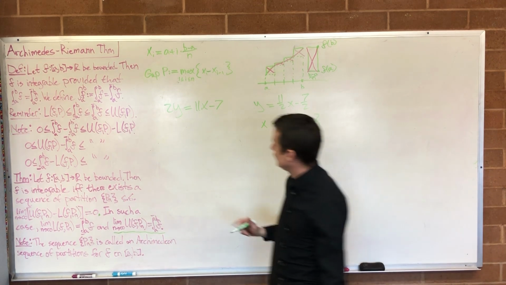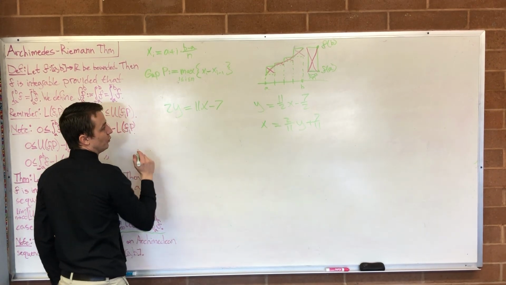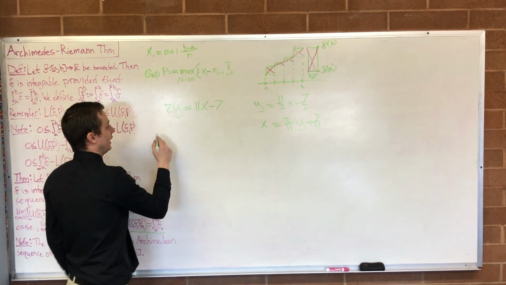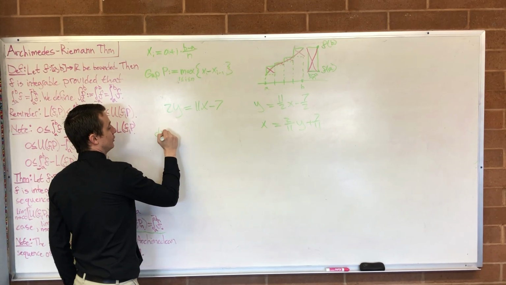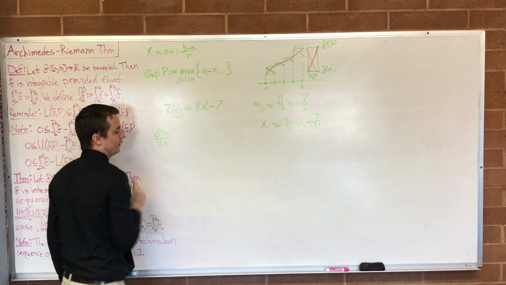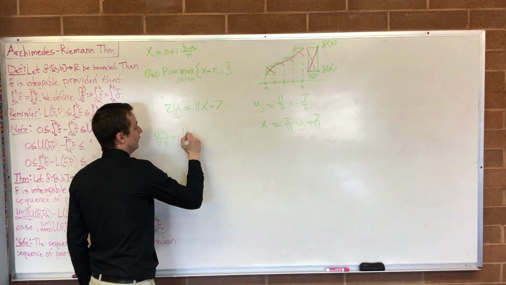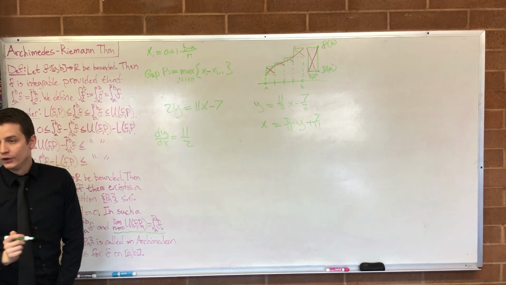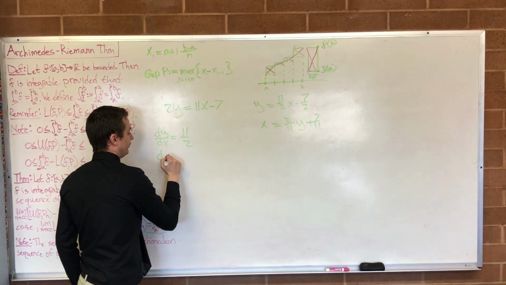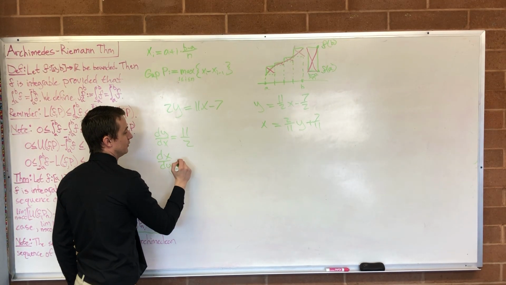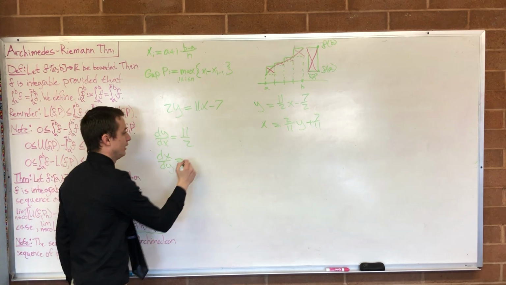And so now, instead of just calculating the derivative one way, I can calculate either derivative you want. I can calculate the derivative of y with respect to x, which is just going to be 11 halves. Or I can calculate the derivative of x with respect to y, which in this case would just be 2 11ths.